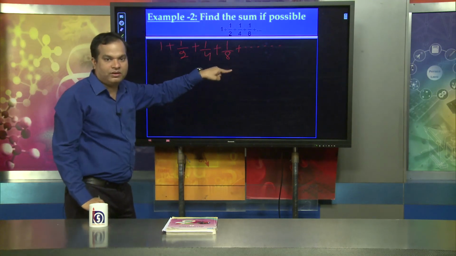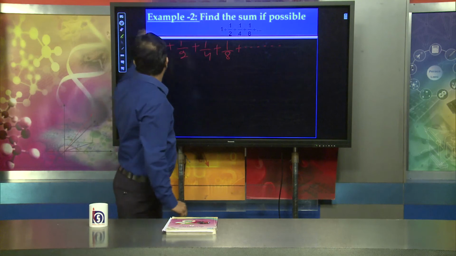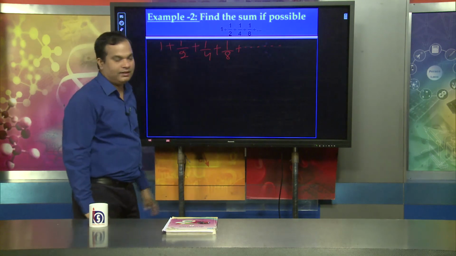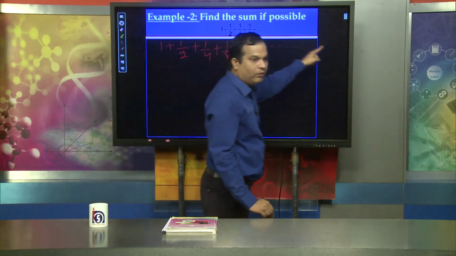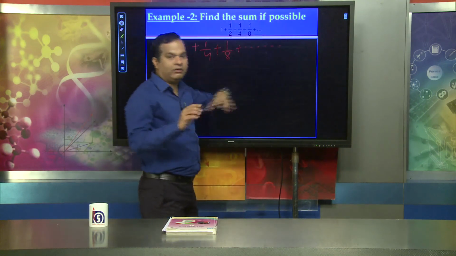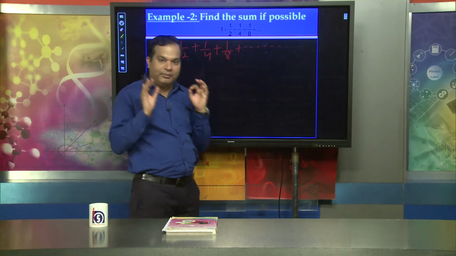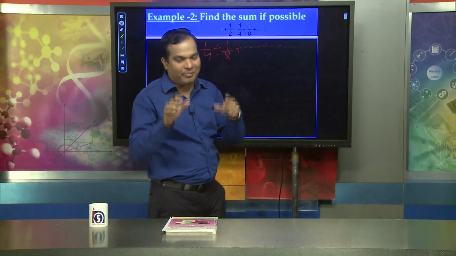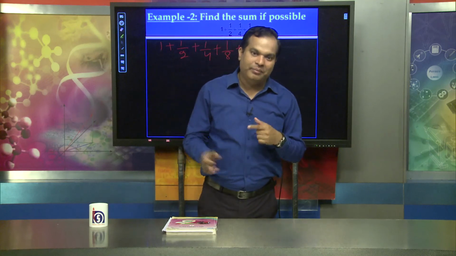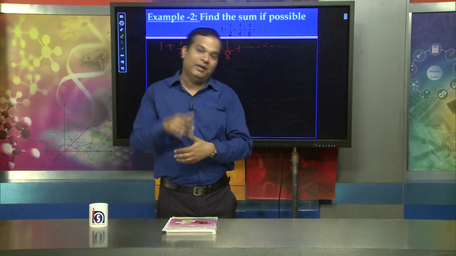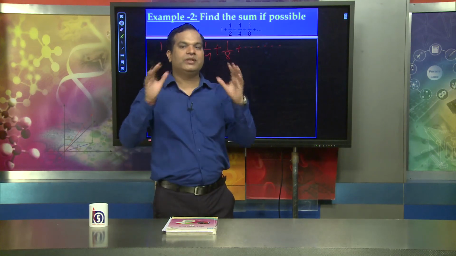Remember, this is an infinite series, because we do not know the last term, and we have to check the possibility. When talking about possibility, we have to check the modulus of the common ratio. If the modulus of the common ratio is less than 1, then we can find the sum, otherwise we cannot.